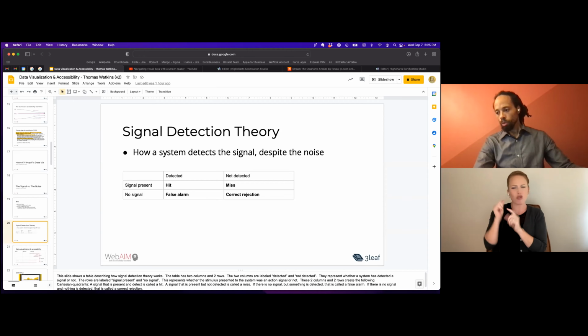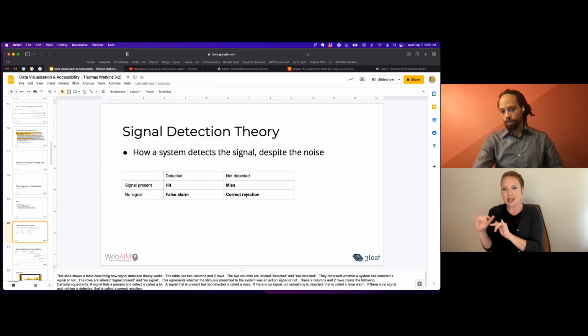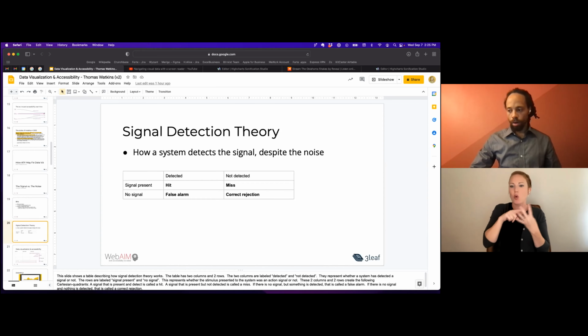But with signal detection theory, everything falls into four possible scenarios. For everyone who can't see this, I'm showing a diagram with four quadrants.